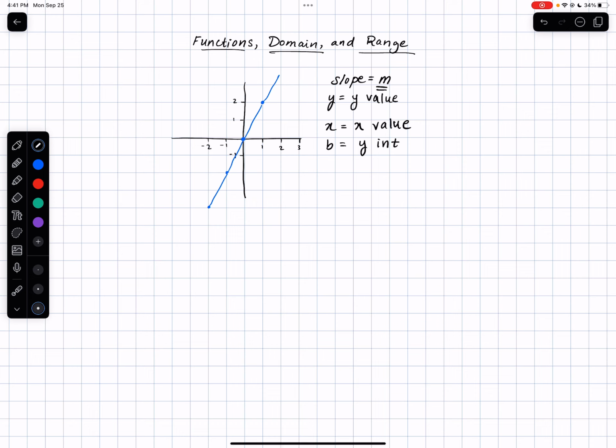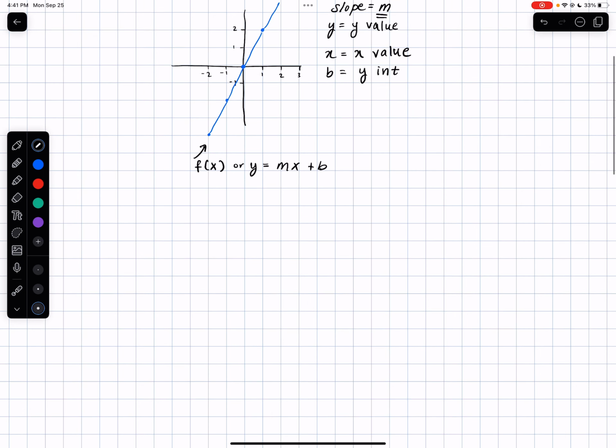So in this case, your equation for this function or this line would be f of x equals, or f of x is another way to say y, which equals mx plus b. So y being your y value, m being your slope, x being your x value, and b being your y-intercept.